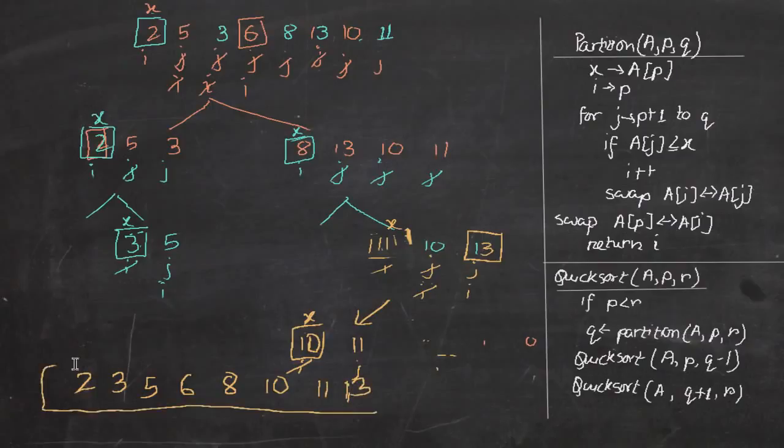All right, so this is the final answer. This is the final sorted output. As you can see, it's sorted in ascending order. So yeah, that's about it for this simulation.